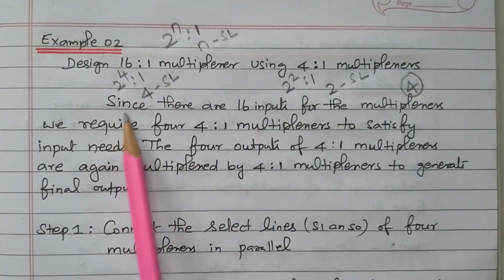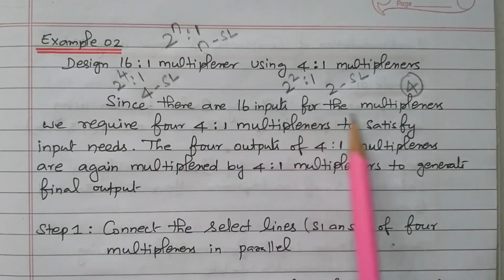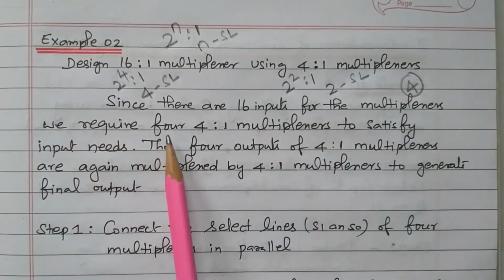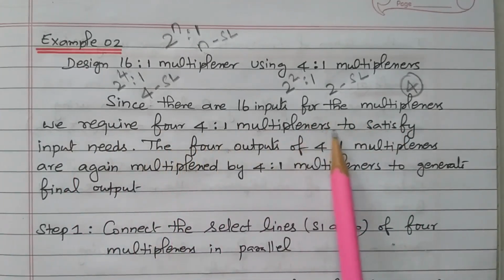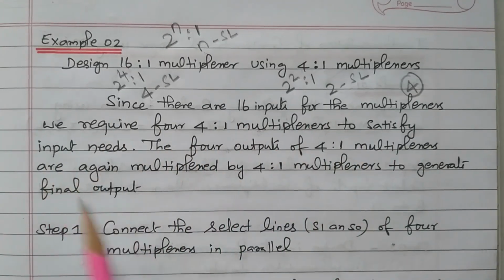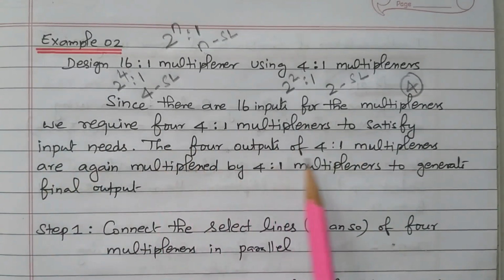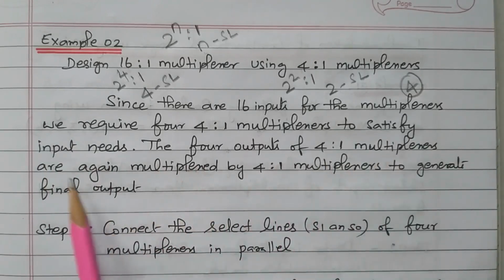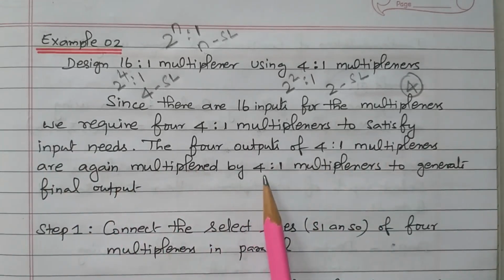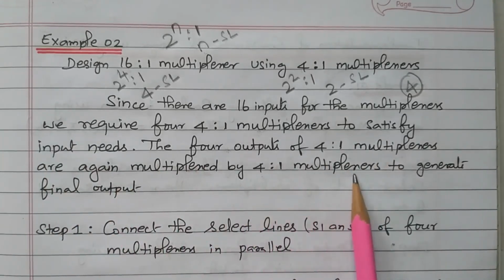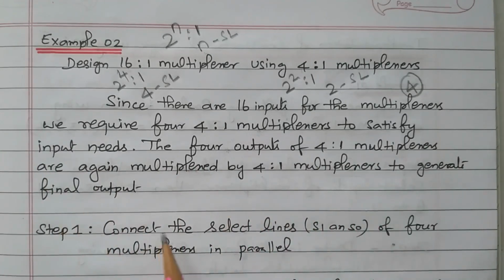So that is given here. Since there are 16 inputs for the multiplexer, we require 4:1 multiplexers to satisfy the input needs. The 4 outputs of the 4:1 multiplexers are again multiplexed by one more 4:1 multiplexer to generate the final output, right?